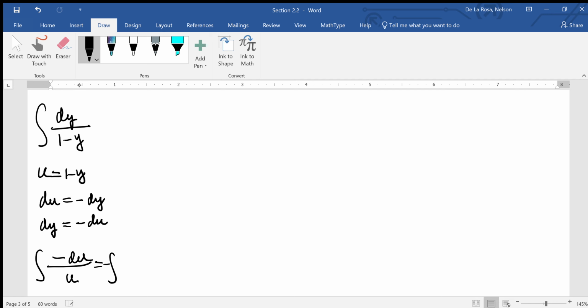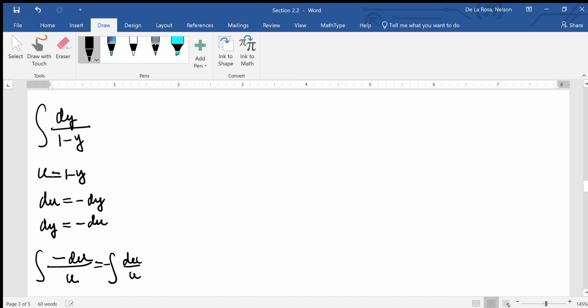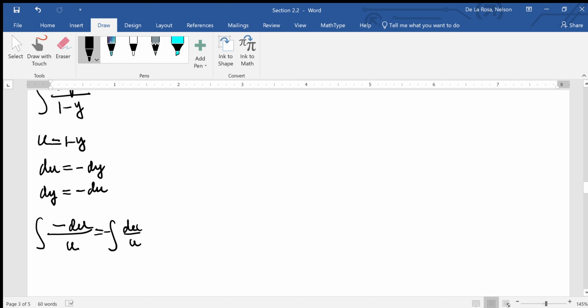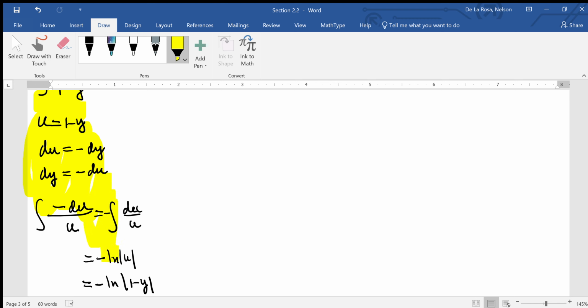Which is negative integral of du over u, and the integral of du over u is ln of absolute value of u, so we get negative ln of absolute value of 1 minus y, replacing u by 1 minus y. And all this belongs to the yellow integral.